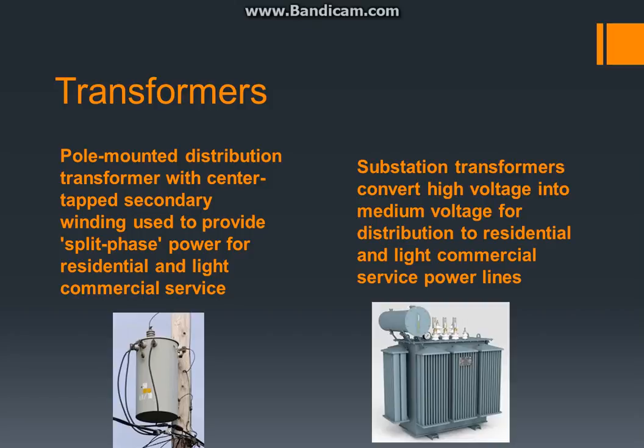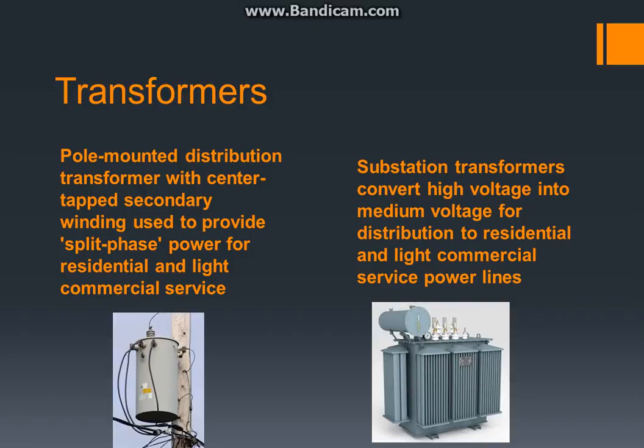Oh, okay, cool. So later, here we have an example of a substation transformer. This is used to convert high voltage into medium voltage for distribution to residential and light commercial service power lines. So what's the relationship between that type of transformer and the one we just saw? So this transformer connects to this pole-mounted transformer.